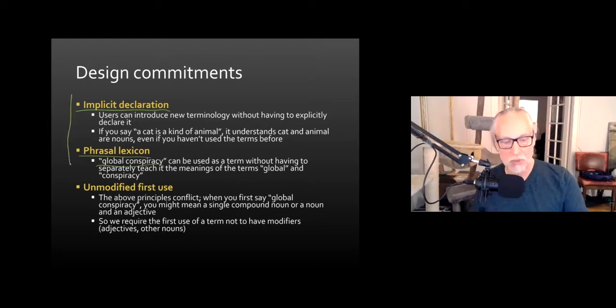There's some tension between those two because the first time it sees global conspiracy, it wouldn't necessarily know whether that's one concept or two concepts modifying one another. So we have the rule that the first time you use a concept with the system, it has to be unmodified.